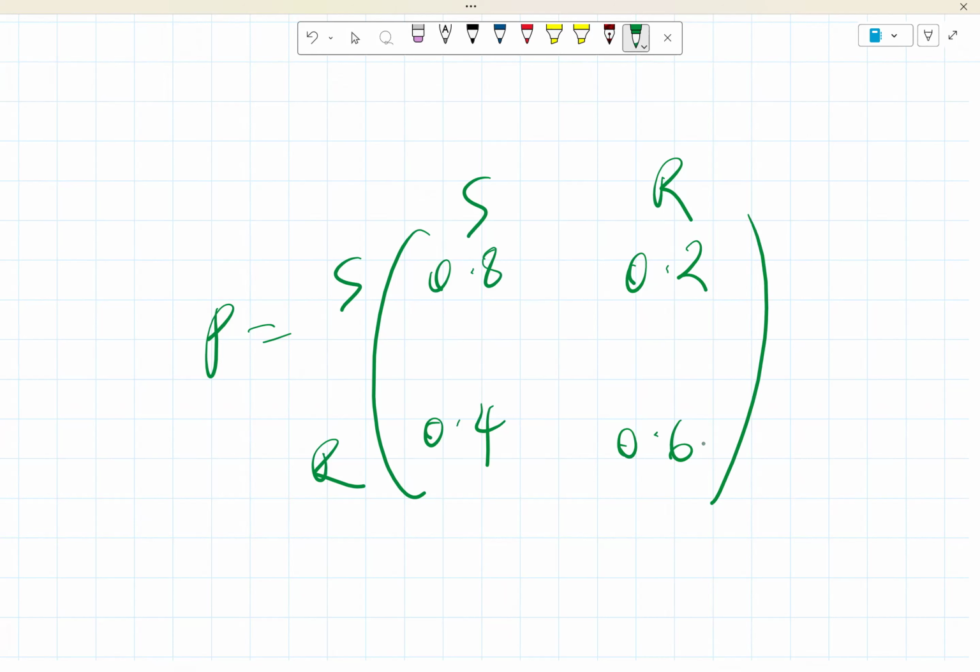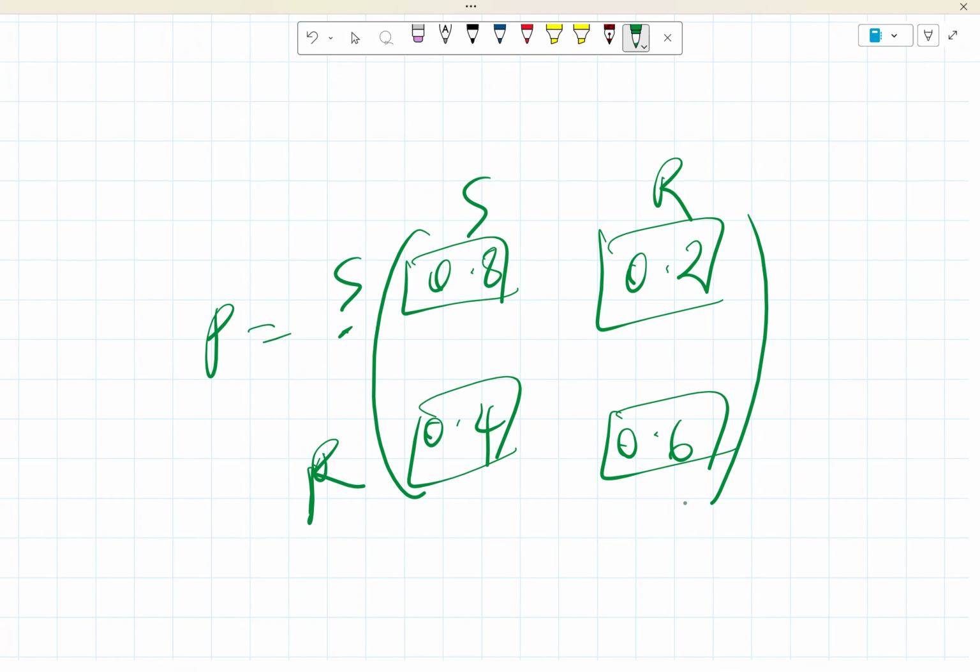This simply means the probability that if today is sunny, tomorrow will also be sunny is 0.8. And the probability that if today is sunny, tomorrow will be rainy is 0.2. The probability that if today is rainy, tomorrow will be sunny is 0.4. And the probability that if today is rainy, tomorrow will be rainy also is 0.6.